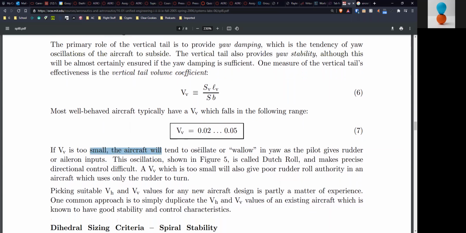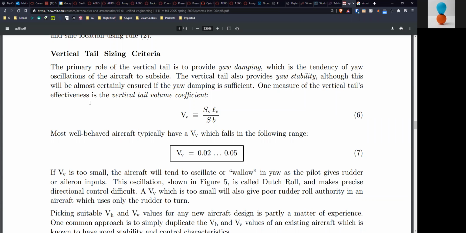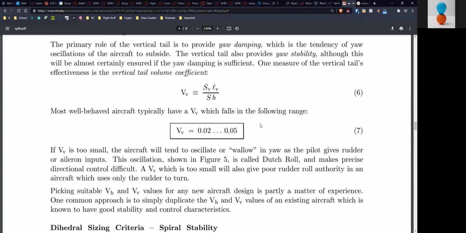And then it briefly describes the characteristics of having low vertical stability versus high vertical stability. There's not really a great reason to have too low vertical stability. It's just that the more stable you want to be in the vertical axis, the heavier the rudder will get.